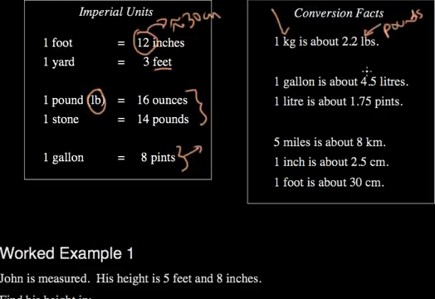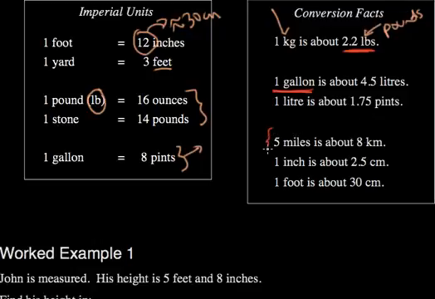Now, this has mixed up the order in the example above, that the imperial is in pounds here, the imperial here is in gallons. So 1 gallon in imperial is about 4.5 litres, and 1 litre is about 1¾ pints. So if you had a litre of milk, then that would be more than a pint of milk.